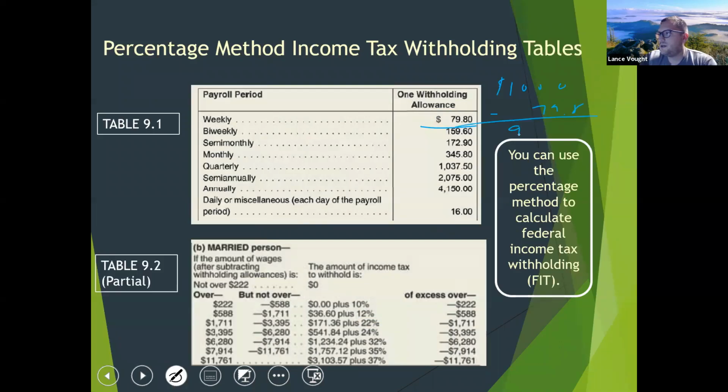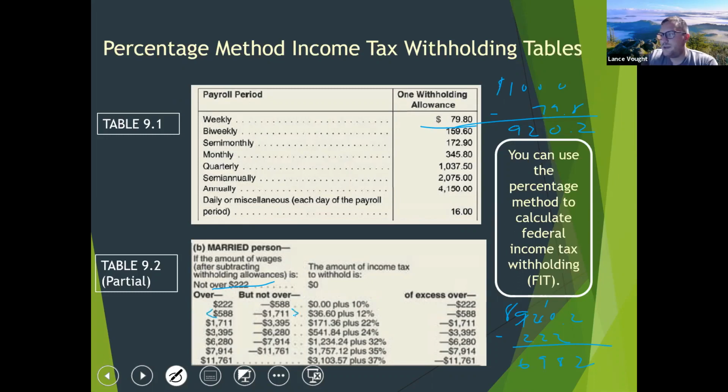You're down to $920.20. You get $222 tax-free, so subtract $222 from that. And you are down to $698.20.